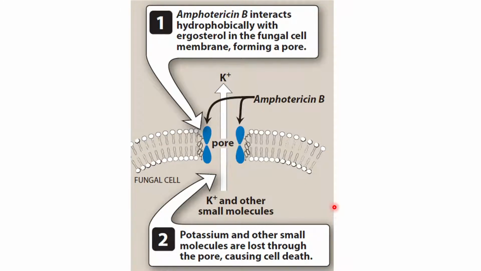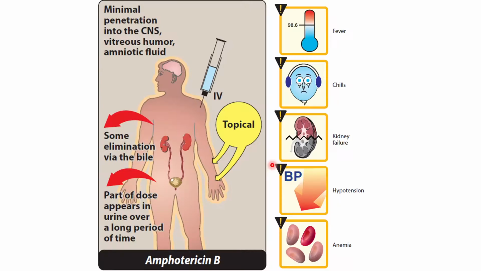And the mechanism of action of amphotericin B is based on the formation of the pore from the ergosterol. So these are molecules of ergosterol, and the amphotericin B will make a pore that leads to the leak. And amphotericin B is very toxic and can be injected intravenously and also used topically.